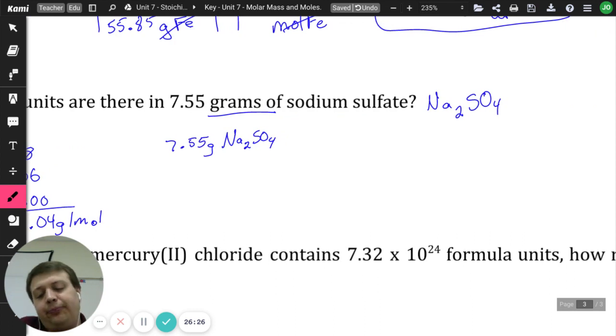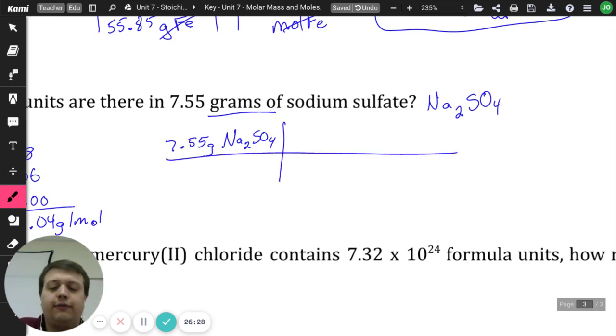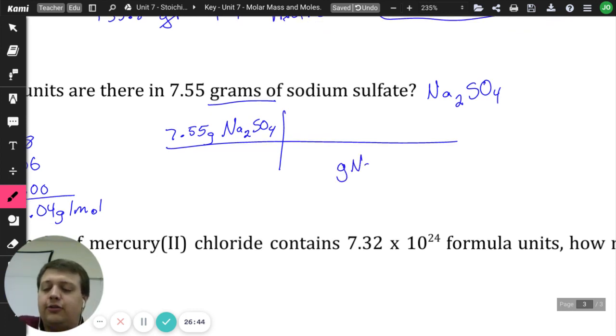Okay, so I'm going to convert from grams of sodium sulfate, and I'm trying to go to formula units. But do I know of a conversion of grams into formula units? No. What I do know is moles. So when in doubt, moles it out. So grams of sodium sulfate gets dropped low. Why? Because it is not what I'm looking for, and I've got to cancel it out.